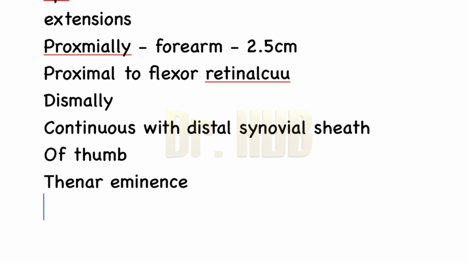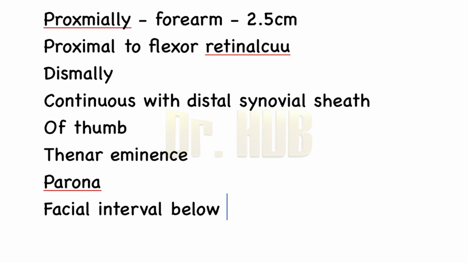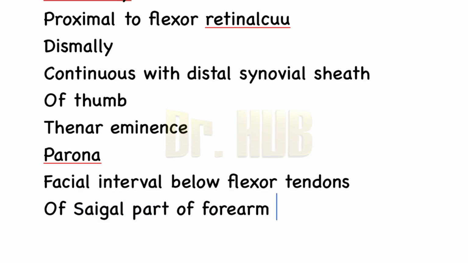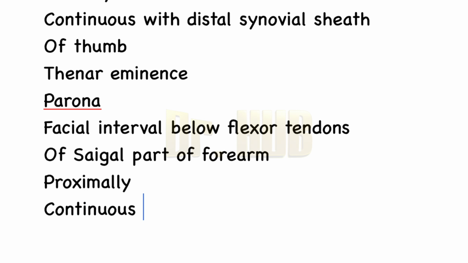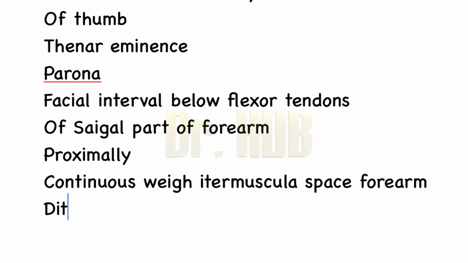Lastly, looking at the forearm space of Parona. Parona's space is the fascial interval below the flexor tendons of the distal part of the forearm. Proximally, it is continuous with the intermuscular spaces of the forearm.